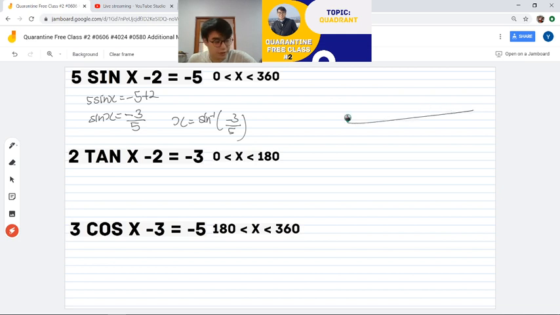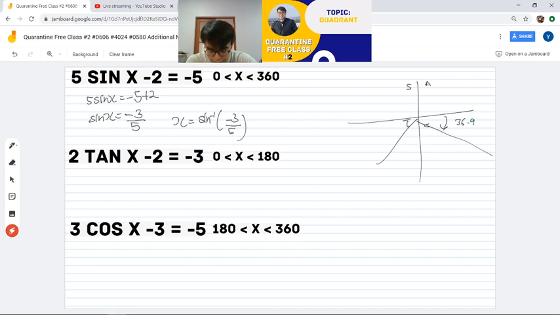So you get your results in the third and fourth quadrant, because in the first and second your sine will be positive. Okay, so here to here is actually 36.9.